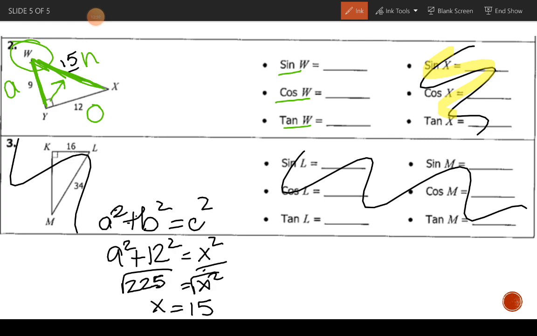So then we use our acronym SOHCAHTOA to help us find our trig ratios. So sine is going to be opposite over hypotenuse. Well, opposite is 12. My hypotenuse is 15. The only problem is 12 over 15 is going to simplify. Okay, they're both divisible by 3, so my final answer is going to be 4 over 5.